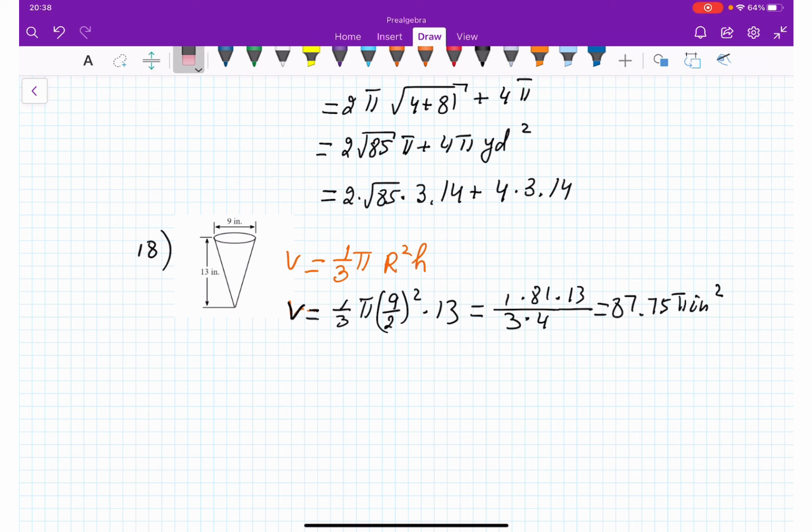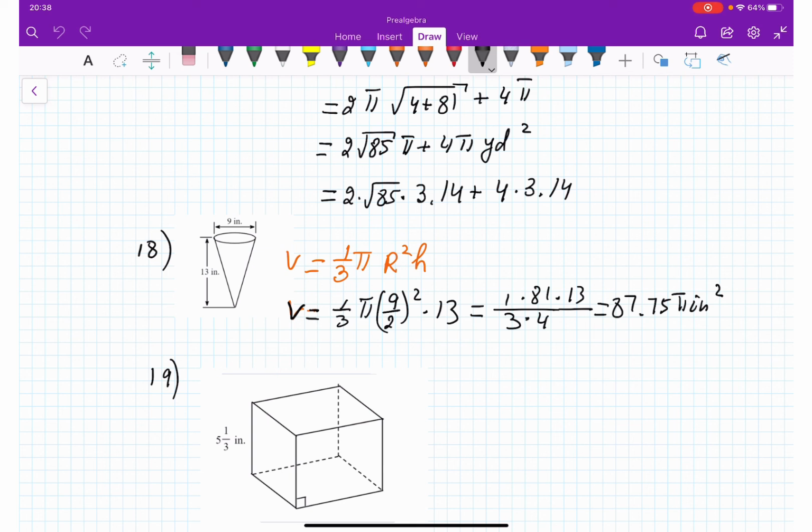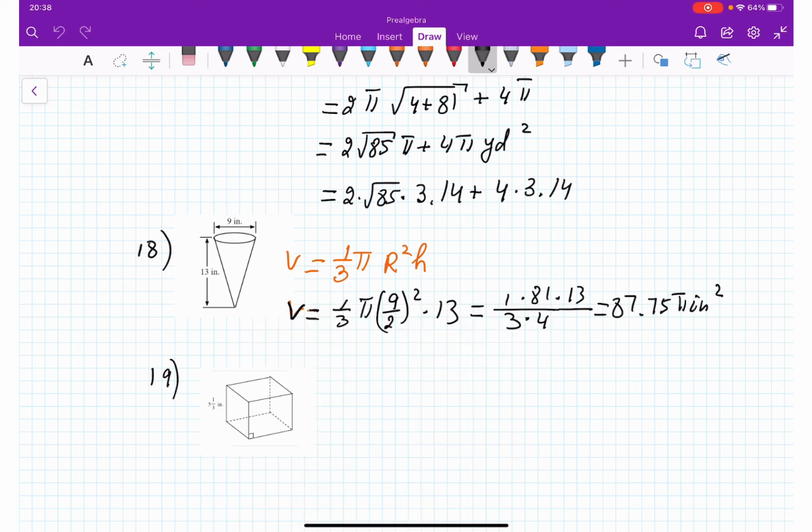All right, copy, and I am pasting here number 19. Let me make it smaller, and we can solve.